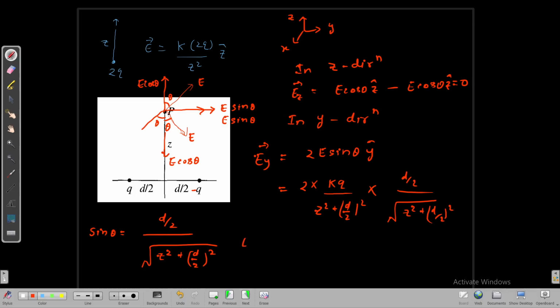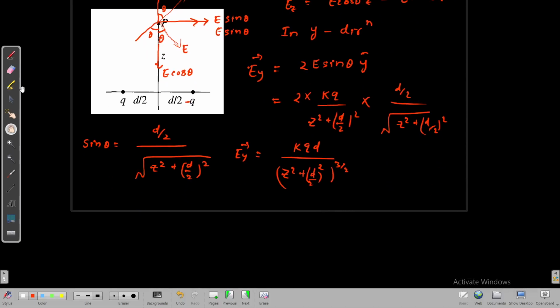Now Ey cap, the 2 will cancel out, so it will be kqd over z square plus d by 2 to the whole square to the power 3 by 2. Let me see if I am making any mistake. Yeah, it's fine.